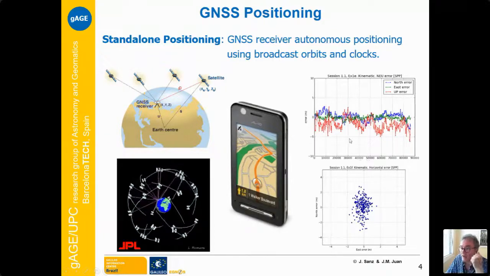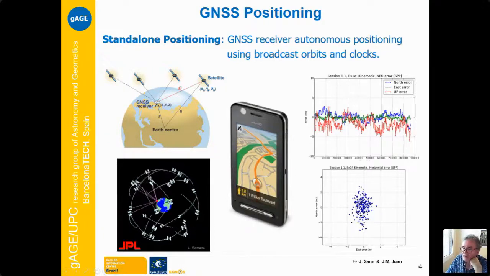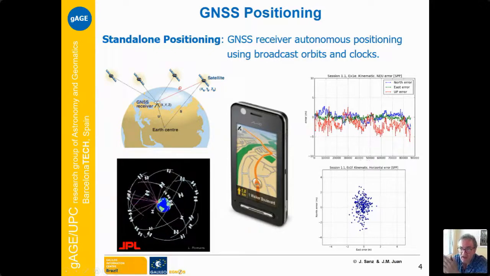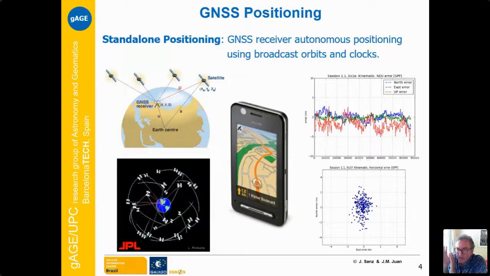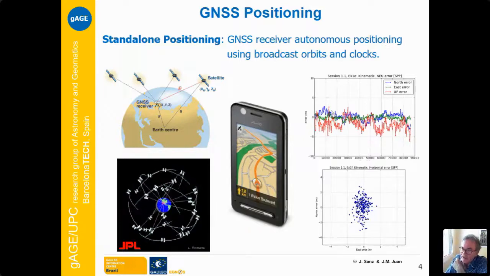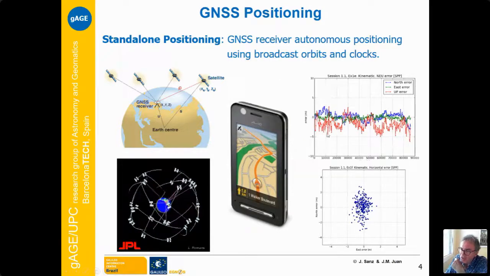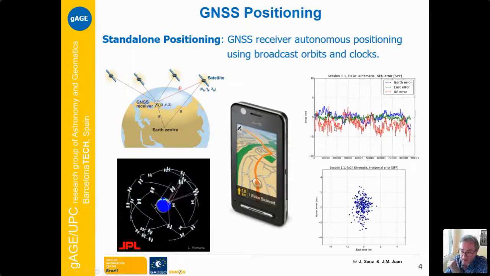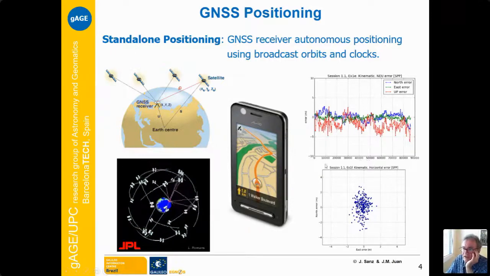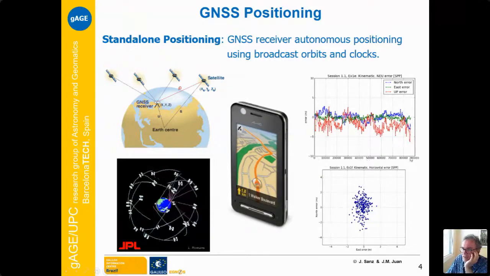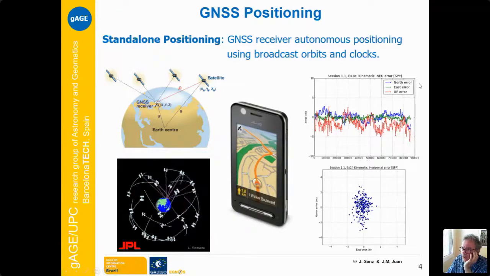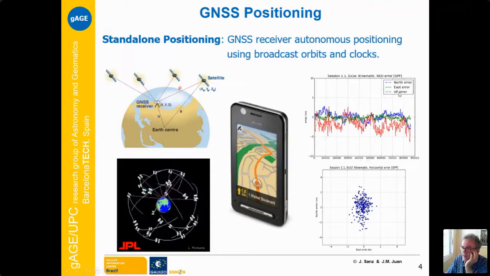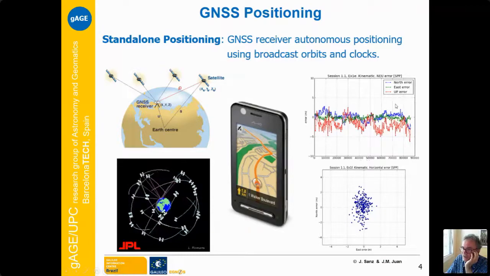Here we have some nice examples. This is kinematic positioning. Kinematic means single epoch positioning, an independent solution each epoch. This is the accuracy as a function of time for the north, east, and up, which is the vertical component of the error.